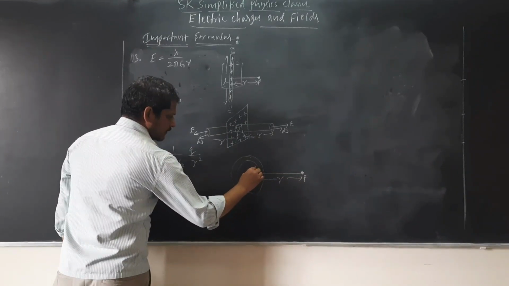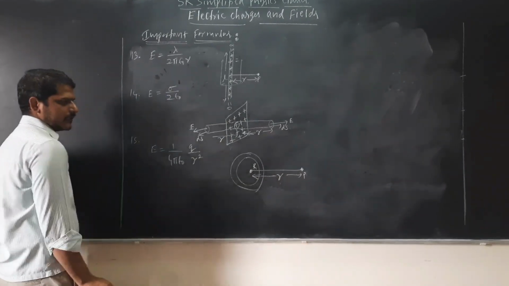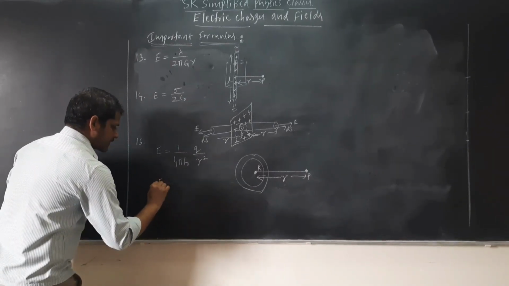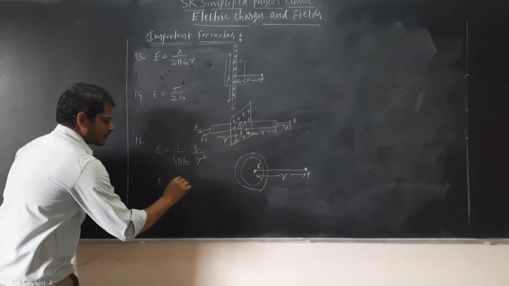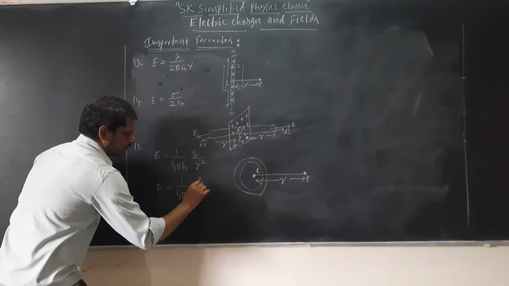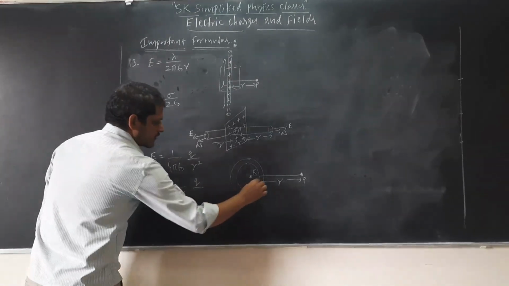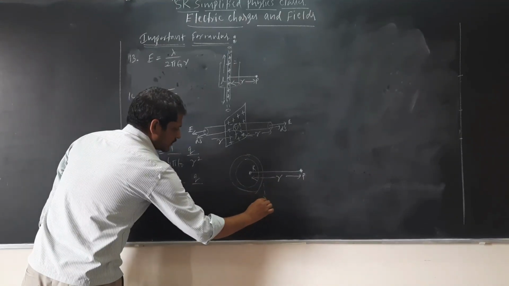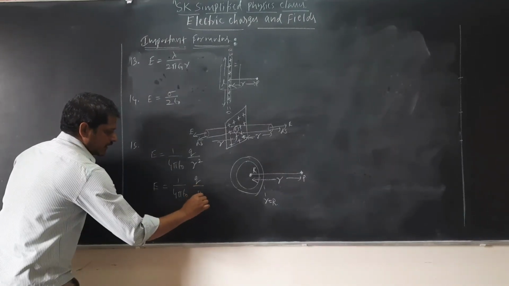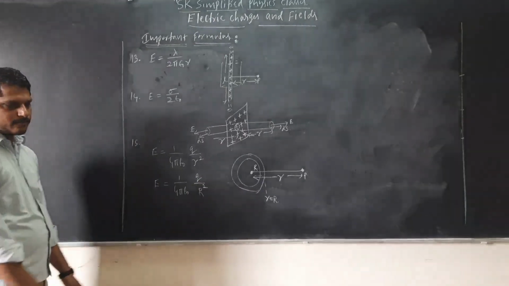If you want to calculate the electric field at the surface of the spherical shell, it is E equals 1 divided by 4 pi epsilon naught Q divided by R square, where the distance R equals capital R.